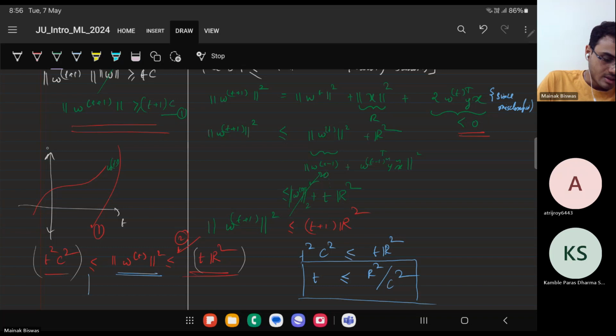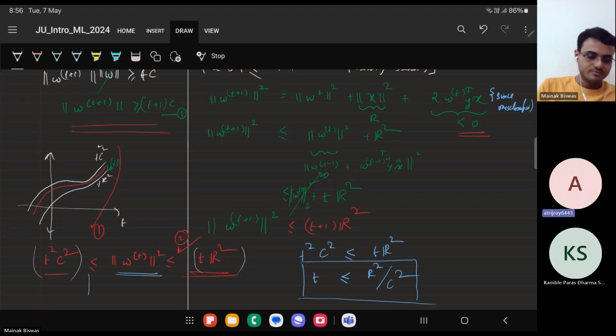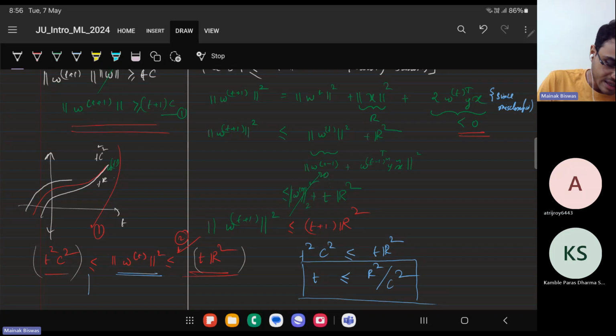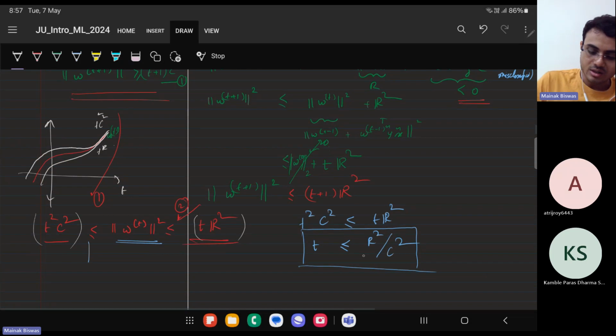Wt, then you would have t square c square, and you would have t r square, right? It means that as t tends to infinity, both become equal. Not even infinity, that's the idea. It will be in finite steps, because r is fixed.